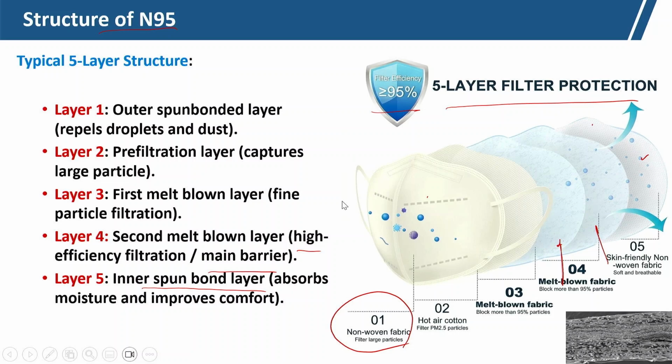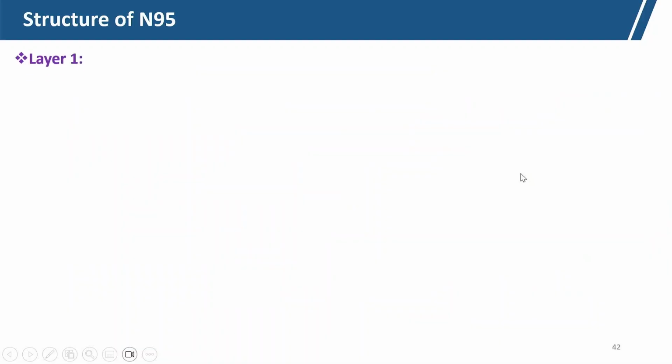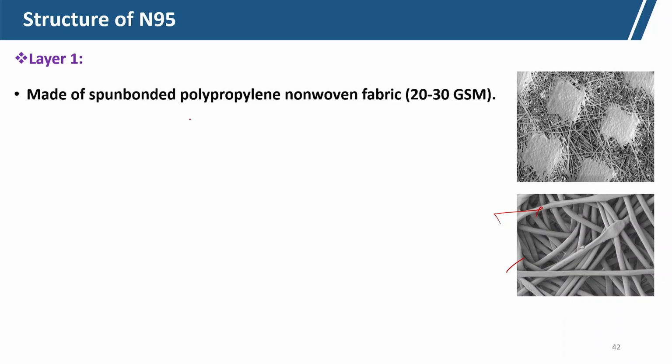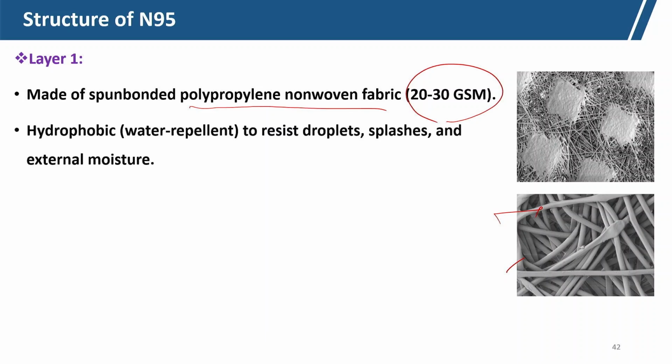This type of graduated structure is important to get high filtration efficiency. This is layer 1, the spun bonded open structure. It is made from a spun bonded polypropylene nonwoven fabric with a lightweight open structure of 20 to 30 GSM, which is hydrophobic in nature, with hydrophobic finishes.